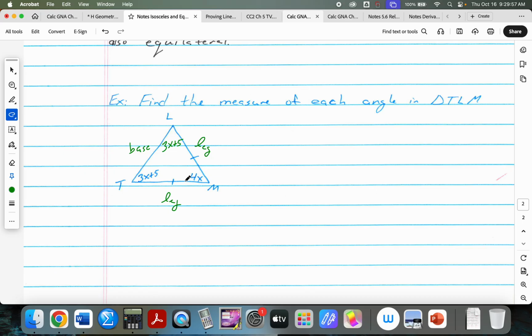Then, unlike the sides, what do we know about the angles in any triangle? Yeah, their sum is 180. So 3x plus 5 plus another 3x plus 5 plus 4x is equal to 180. 10x plus 10 equals 180. So x equals 17.